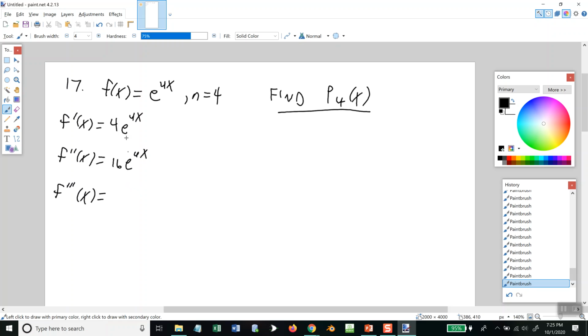Third derivative, and this is a type you could see on a test. I'm not going to put something real horrible on there. 64e to the 4x. And the fourth derivative, 256e to the 4x.